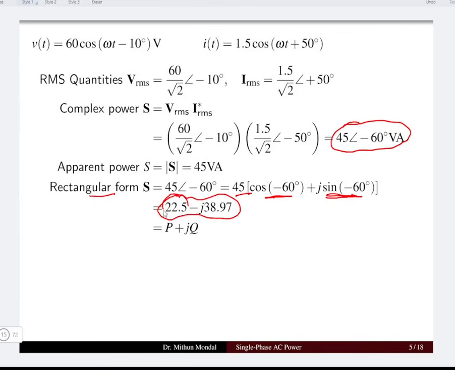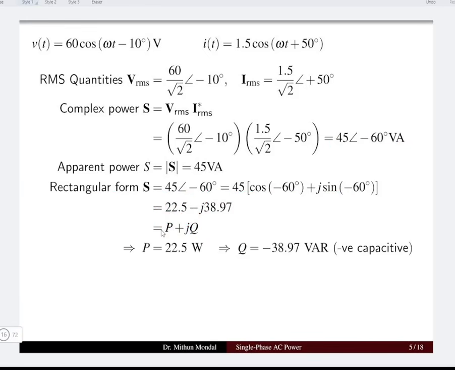The real part of this complex power is P, which is the active power, and the reactive part is nothing but the imaginary part of the complex power. So we can say that the real power or the average power is 22.5 watt, and the reactive power is minus 38.97 volt ampere reactive.